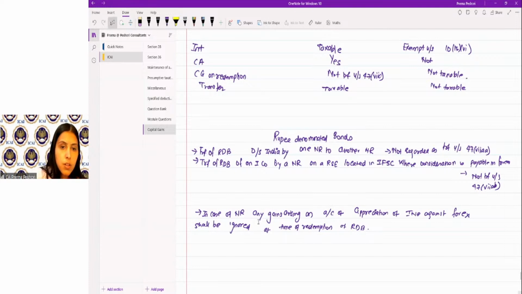Clear? Shall be ignored while computing full value of consideration. Clear? Are we clear?